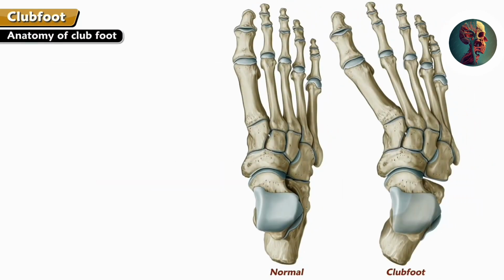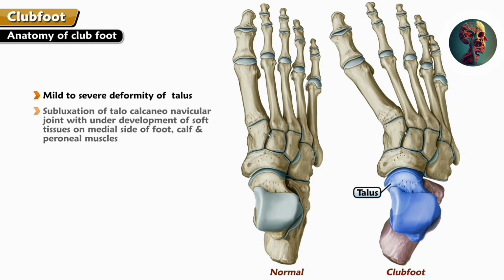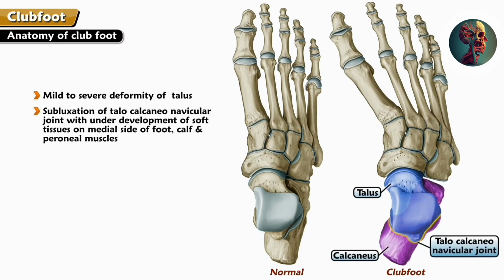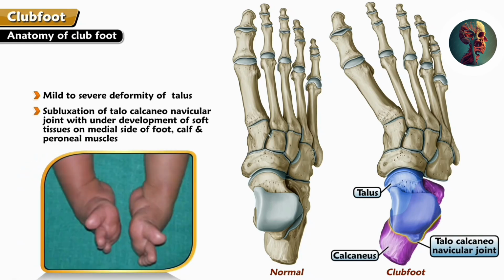Anatomy of clubfoot. The main anatomic abnormality is a mild to severe deformity of the talus, which is small and abnormal in all of its relationships. There is subluxation of the talocalcaneonavicular joint with underdevelopment of the soft tissues on the medial side of the foot and frequently of the calf and peroneal muscles.